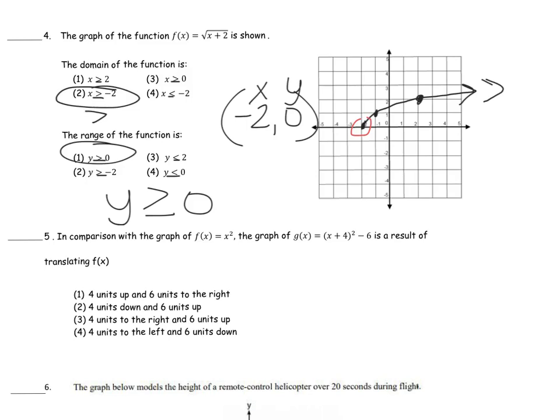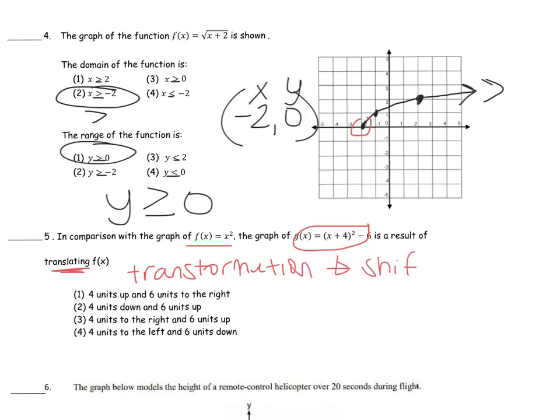In comparison with the graph of f of x equals x squared, the graph of g of x equals (x plus 4) squared minus 6 is a result of translating. Another word for that is transformation. So that's like, what's the shift? If you had a coordinate plane, f of x is chilling in the middle.